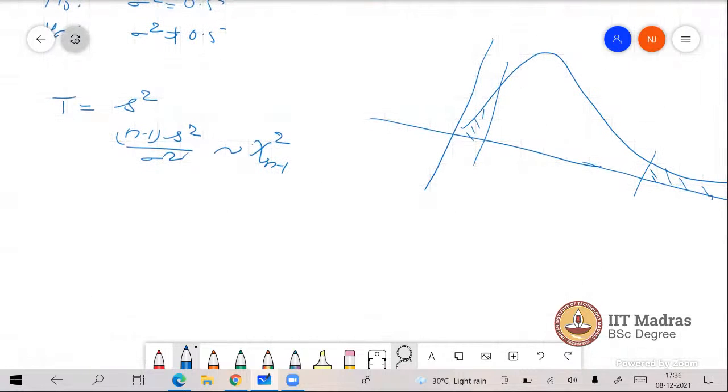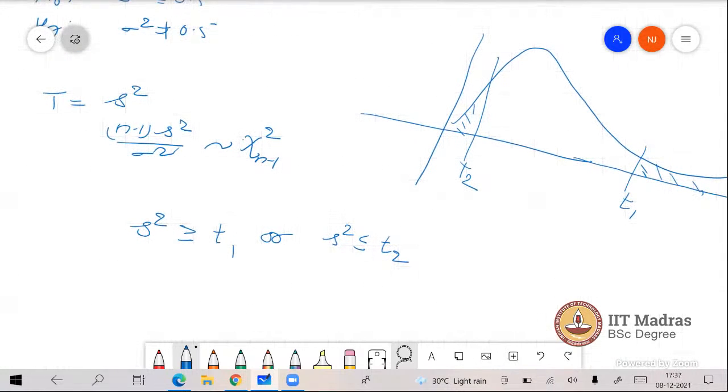Let's say this constant is t1 and this is t2. You will reject whenever the sample variance is greater than t2 or S square is less than t1. This is your rejection region, right?